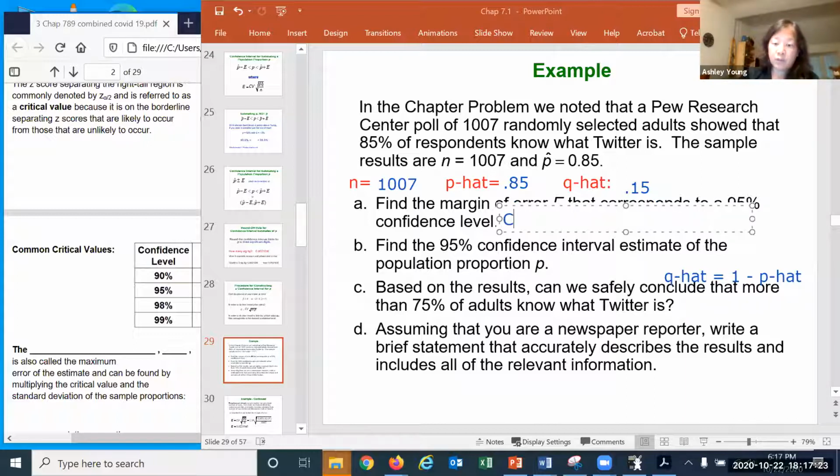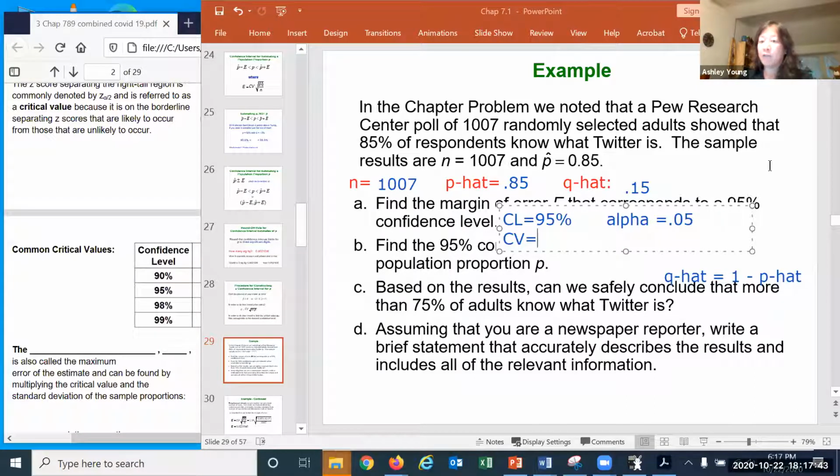My confidence level equals 95%, which means that my alpha is 5%. Just so we're kind of clear on that one. Alpha is 5%, 0.05.